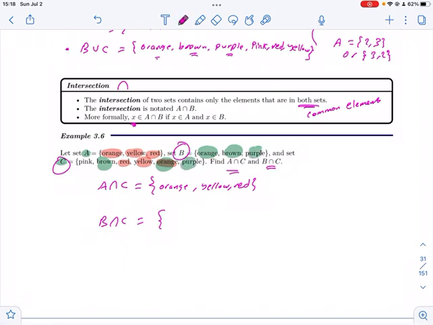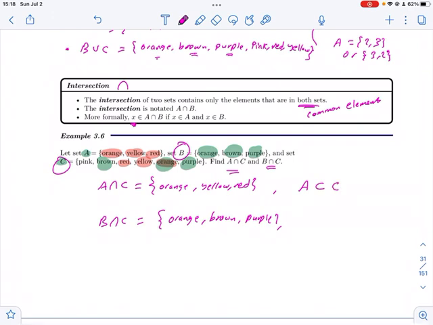And we can see here that the set A is a subset of the set C. We also see that the set B is a subset of the set C. That means it's part of it.